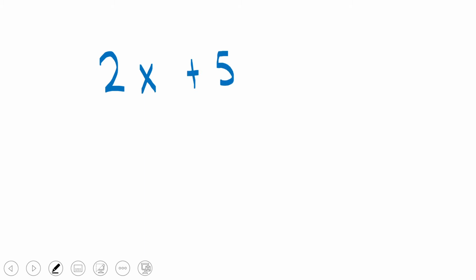Let's try another one. Let's think about 2x plus 5 minus x. So, in invisible math, we need to think there's a 1 in front of this x. We just don't write it down. So we need to look at 2x minus x as like terms.